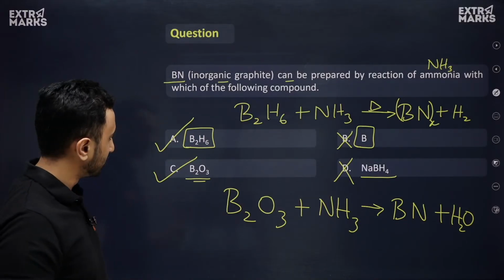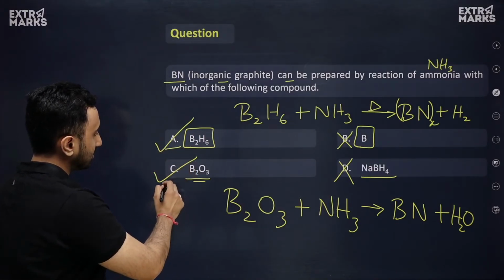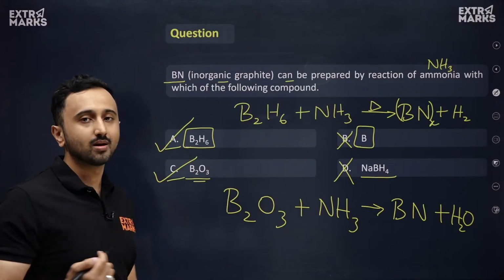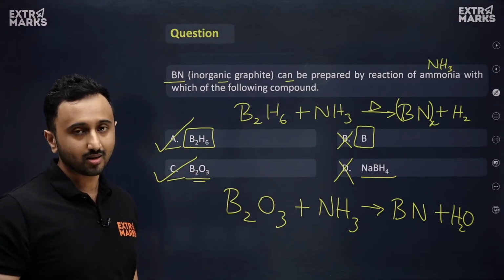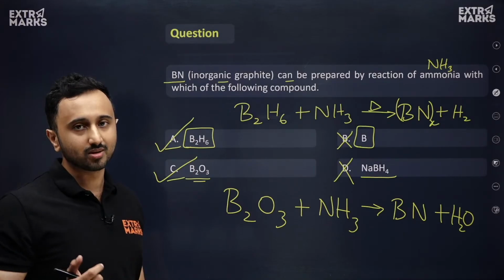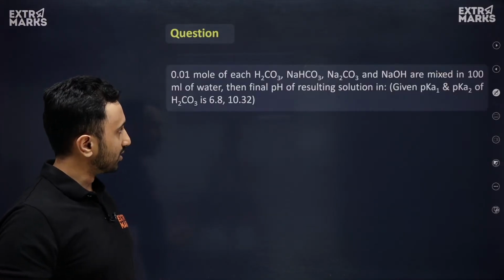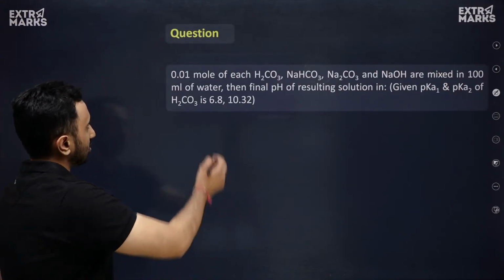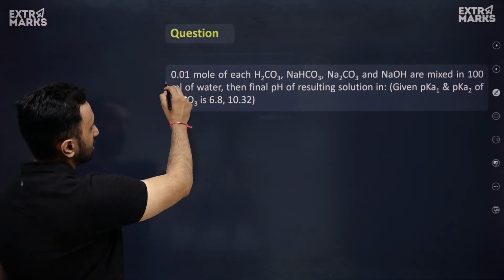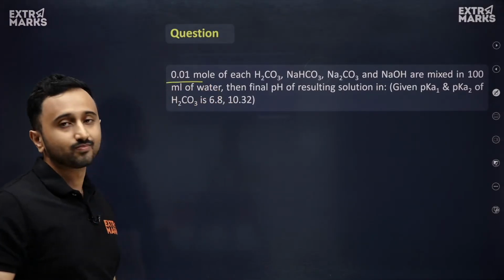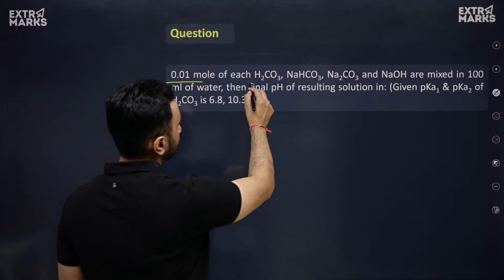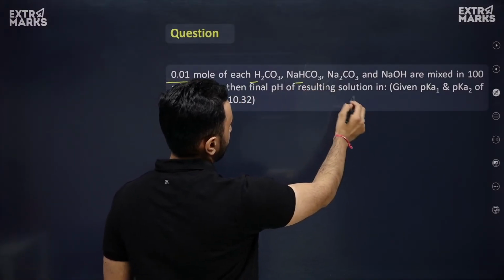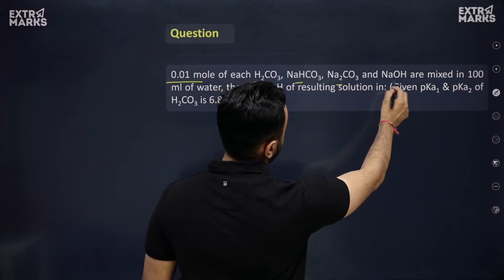So the correct options will be A and C, B2H6 and B2O3, right? If you know the reactions, then it's very simple. Let's move forward. Okay, so one question from physical chemistry, 0.01 mole of each H2CO3, NaHCO3, Na2CO3 and NaOH.